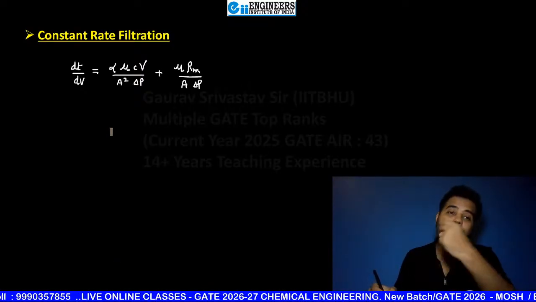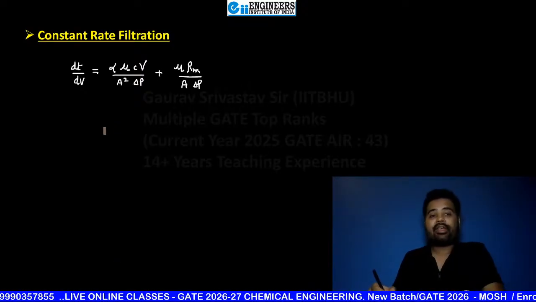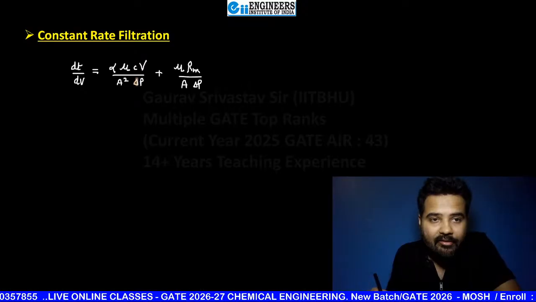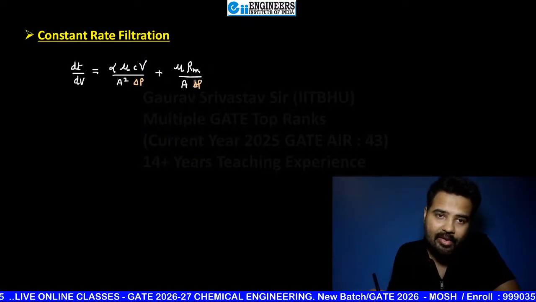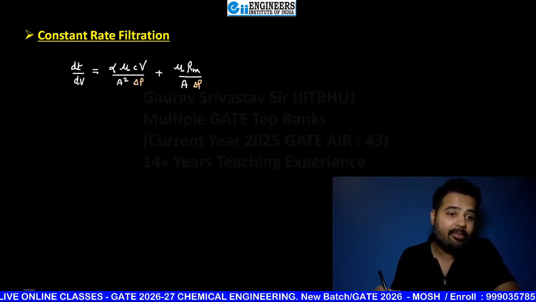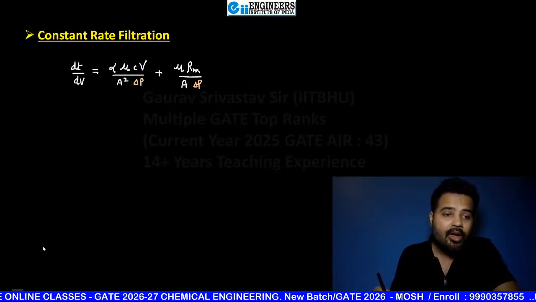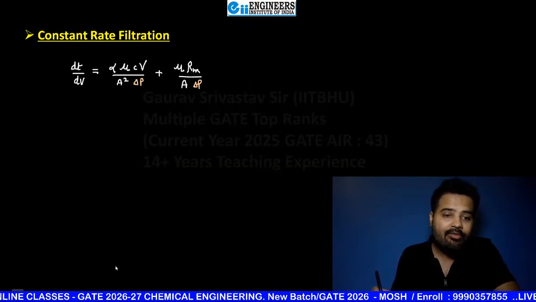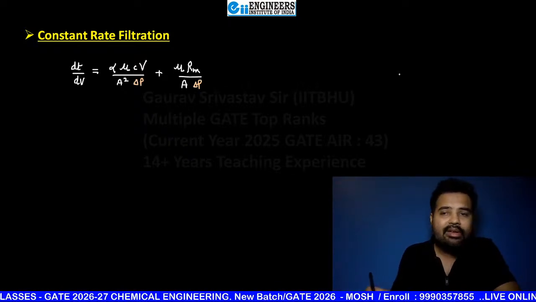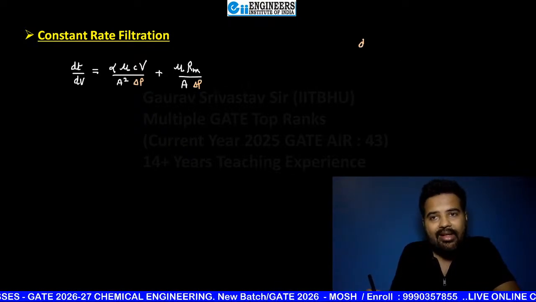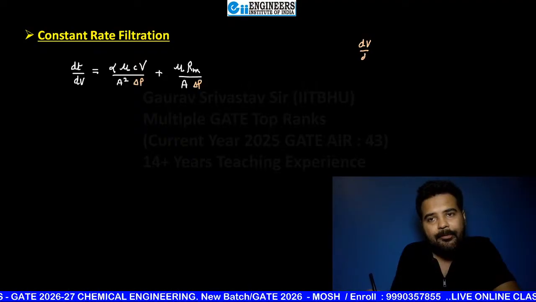Now see here, in this case this delta p is not a constant value. This is a variable term here. Delta p is now a variable term. But at the same time, if we look at this dt by dv, then its reciprocal is dv by dt here.